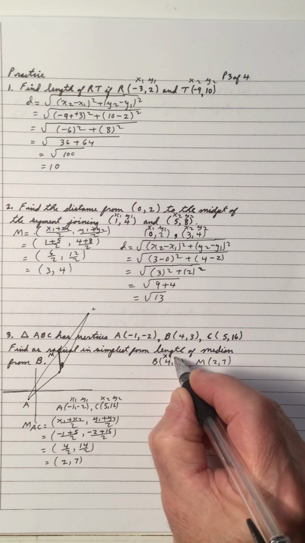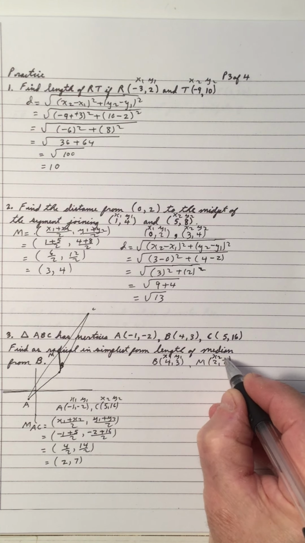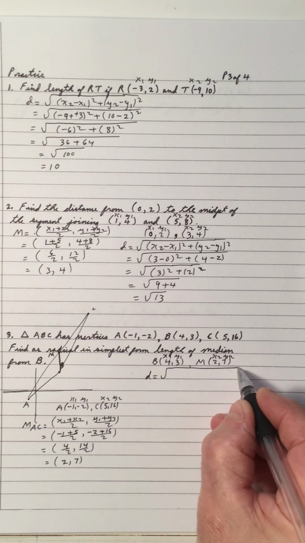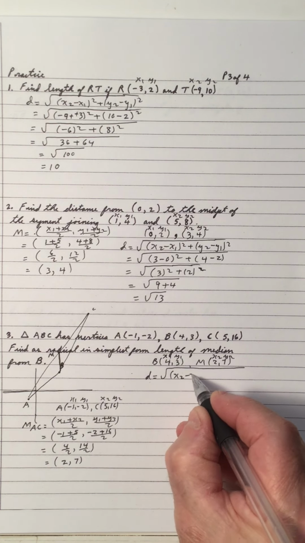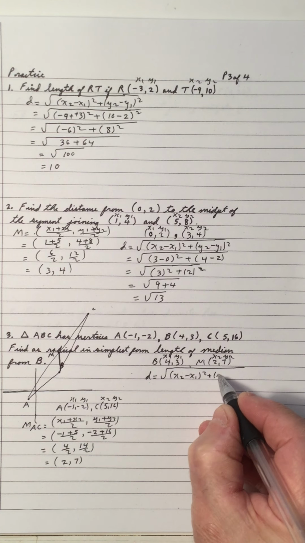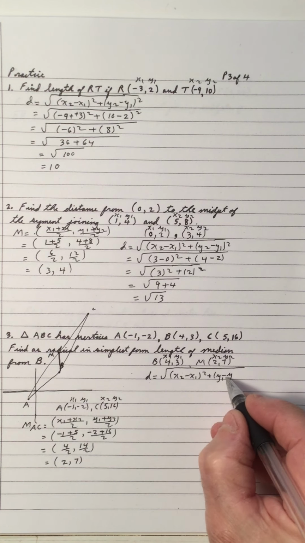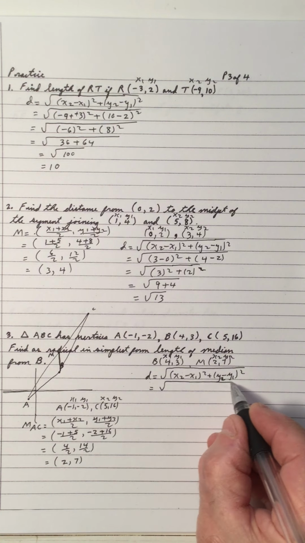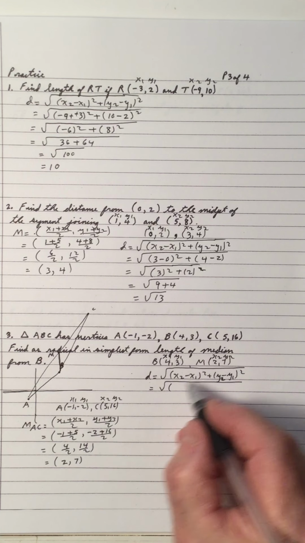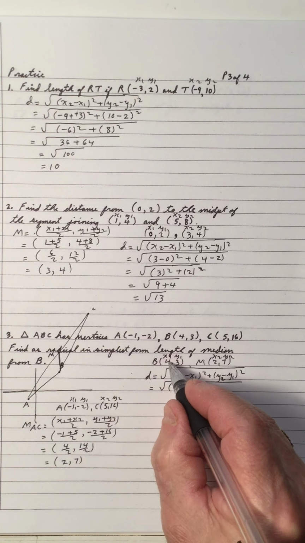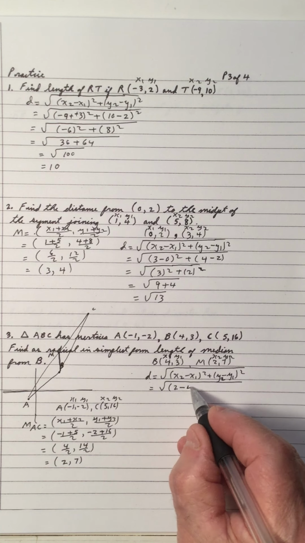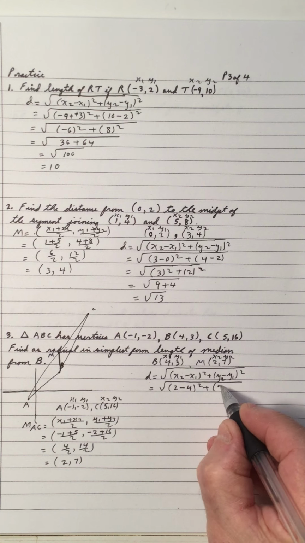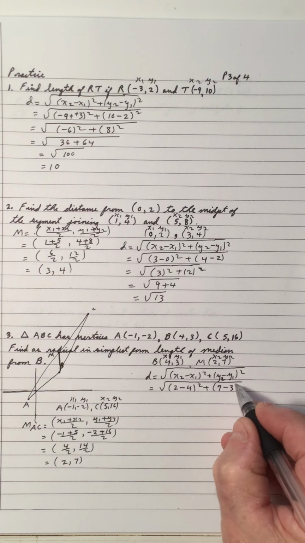So this is x1, y1, x2, y2, and the distance is the square root of x2 minus x1 squared plus y2 minus y1 squared, and x2 is 2 minus x1 is 4, and y2 is 7 minus 3.